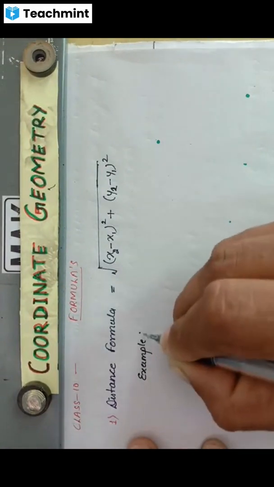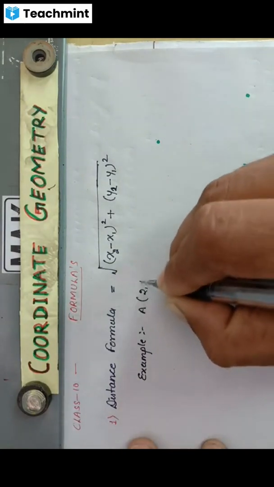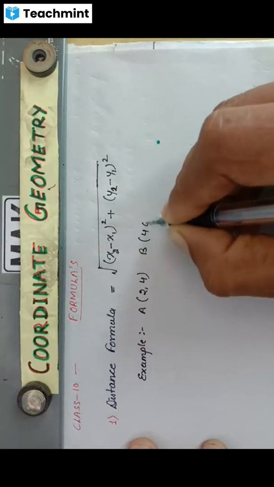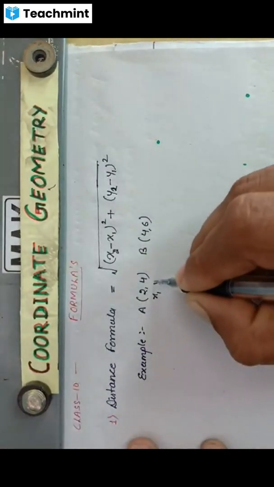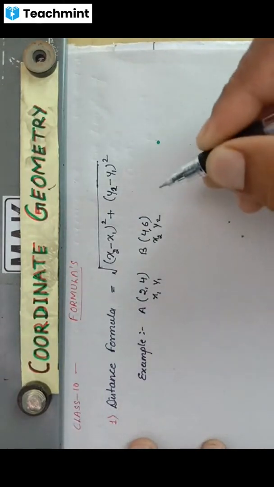Example: A coordinate is 2 comma 4 and B coordinate is 4 comma 6. So this will be x1, this will be y1, this will be x2, this will be y2.